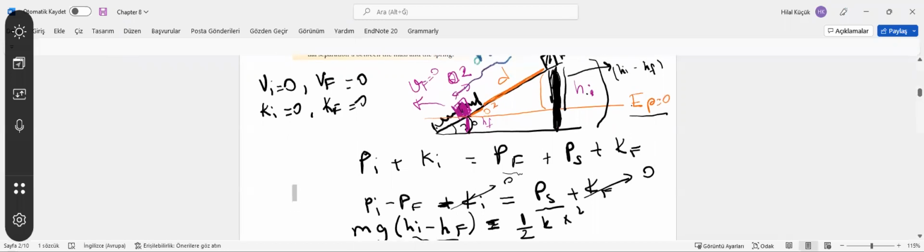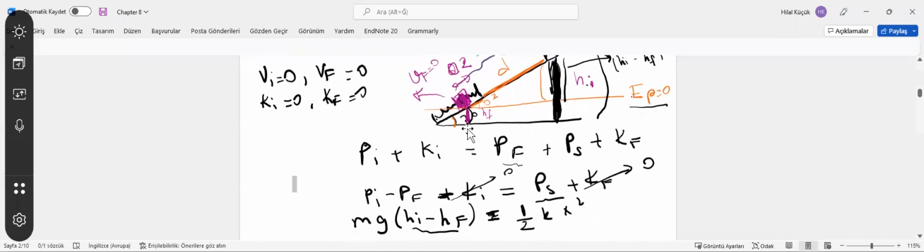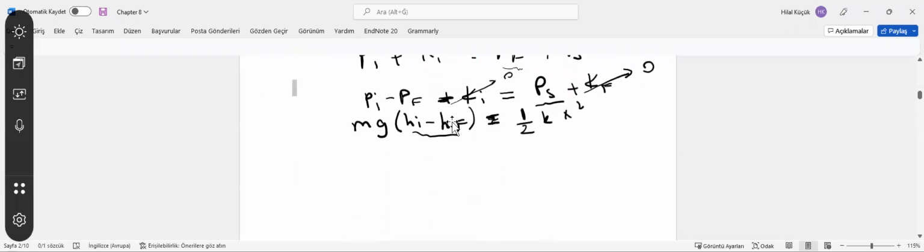It is easy. If this part is 30, this one is 30, this angle must be 30. I will take this one and draw a triangle here. I don't know, I say H. It is 30 degrees.